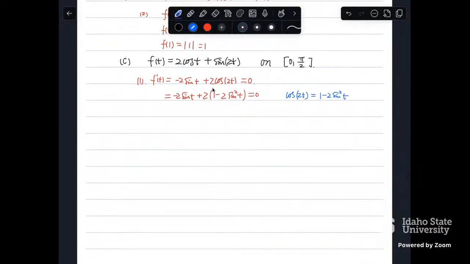Okay. So we can divide by 2 on both sides. These 2s get canceled, and if you multiply by -1 as well, eventually we get 2 times sine square of t plus sine of t minus 1 equals 0. Right. Next, we need to solve this equation.